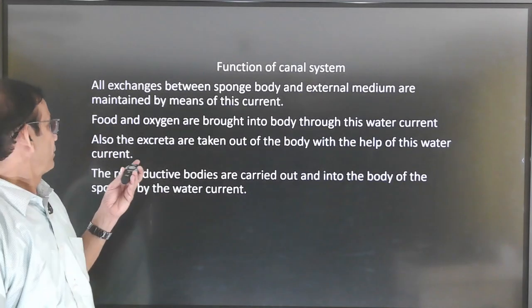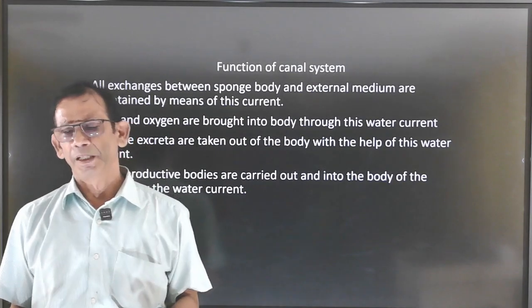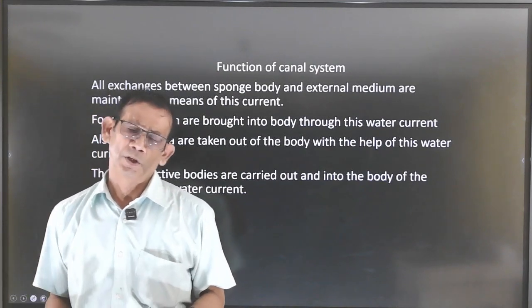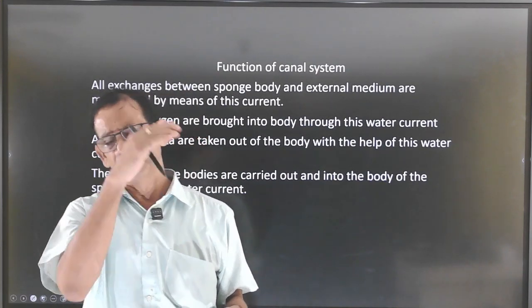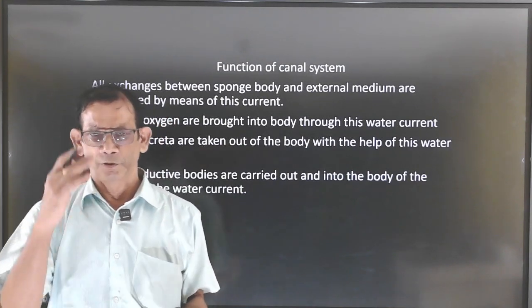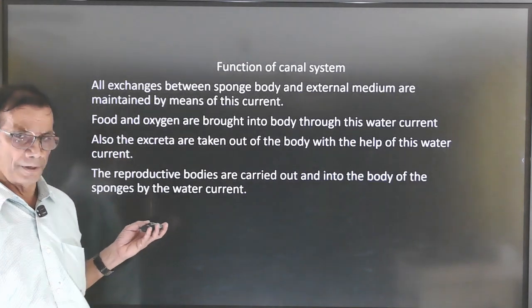Number three is excretion. Excretory materials pass out through this flowing water, through the osculum, and excretion can be done. And the last one is reproduction.